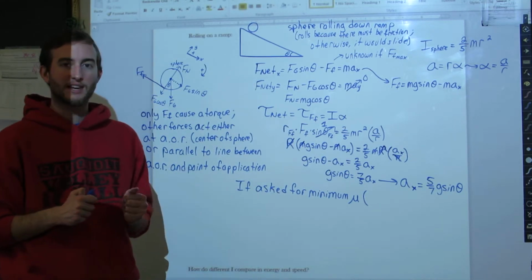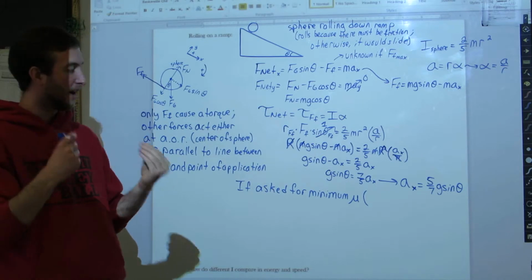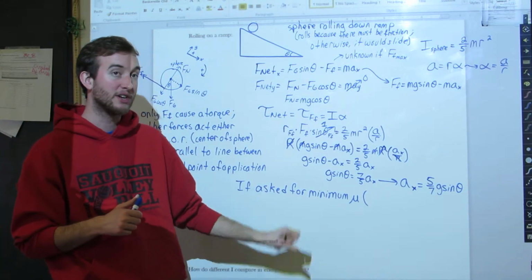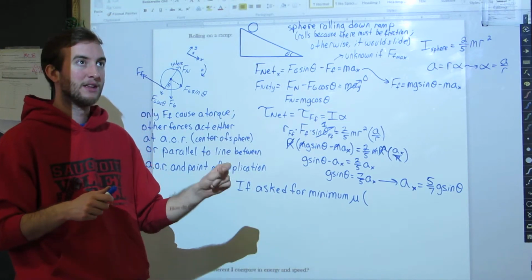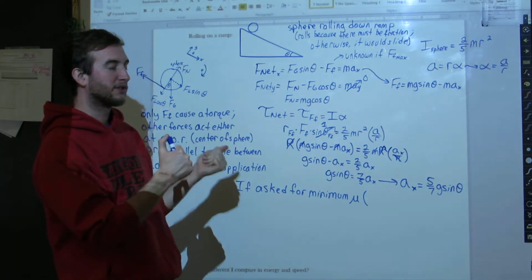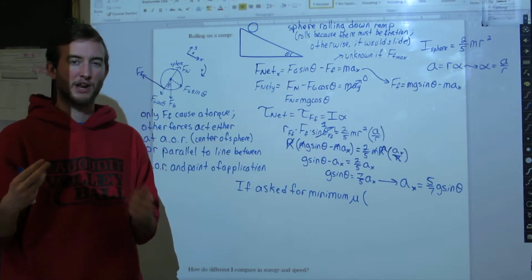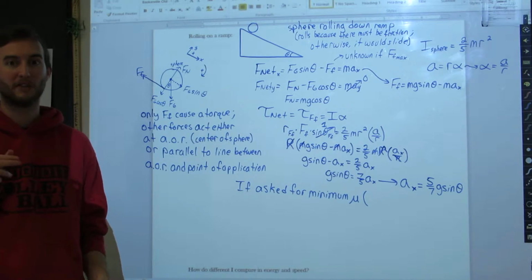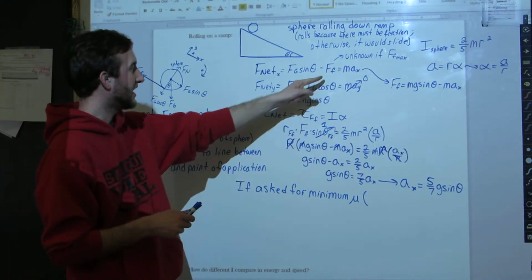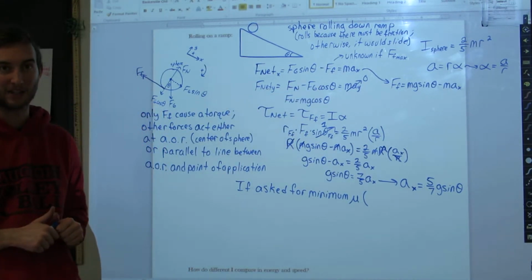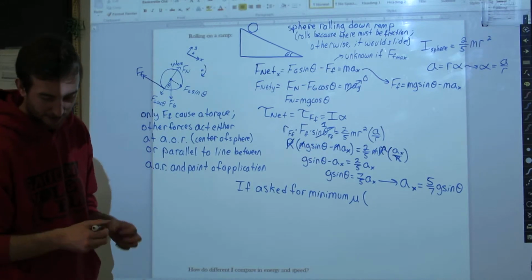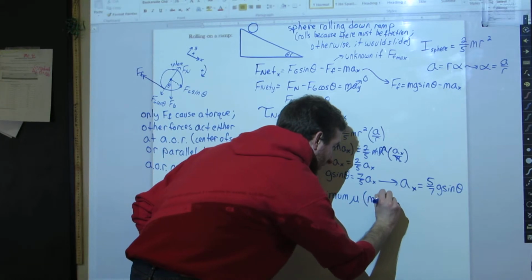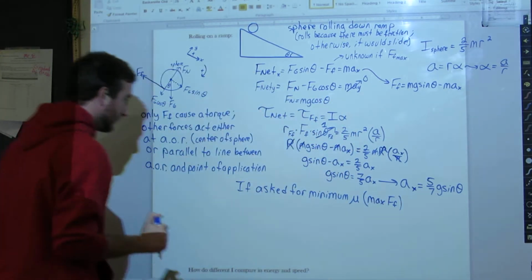What this is really asking is, if we're talking about the minimum coefficient of static friction that would allow this to happen, that would mean the force of friction is at its maximum. You should be used to this. If static friction is as big as it can possibly get, then what happens? So we're really looking for the max force of friction.